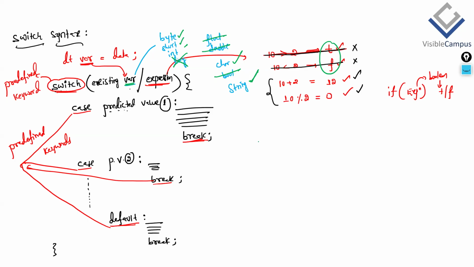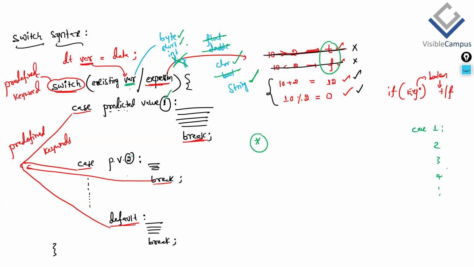So the important points are in the next question. For example, case value 1, then 2, then 3, 4, 5, 6, then default. Is it mandatory that we follow the order of case labels, or can we write them anywhere? For example, there is case 1, then case 2, case 3, 4, like this.